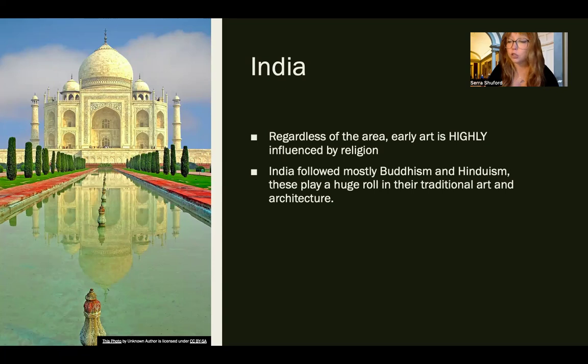And not just Christianity, but we see Buddhism, Confucianism, Taoism, Hinduism, and lots of other religions as well that we'll talk about. India specifically, though, follows mostly Buddhism and Hinduism, and these play a huge role in their traditional arts and architecture. We're not going to talk too much about the Hinduism art, more so we're going to focus on Buddhism art, but we may get into this a little bit later.